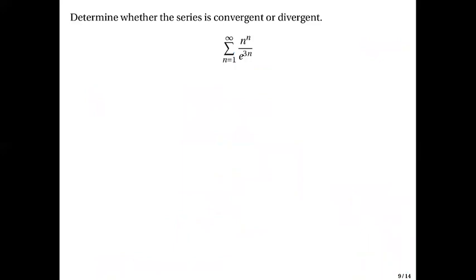Next example here. So we have the sum from n equals 1 up to plus infinity of n to the n over e raised to 3n. Now, kung may makita kang factorial dun sa mga terms, you immediately use ratio test.